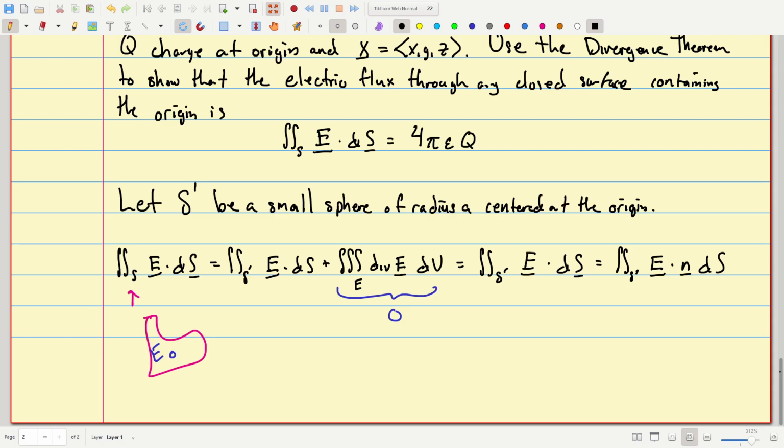And we know stuff about the electric field and the normal vector. The electric field we have a formula for, it's E q over this, and we're dotting it with this because this is the normal vector on the surface of a sphere. It's just the position vector made length 1.